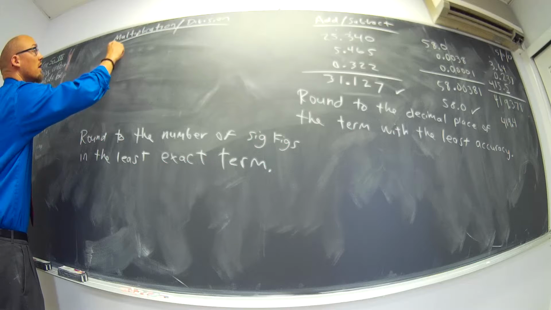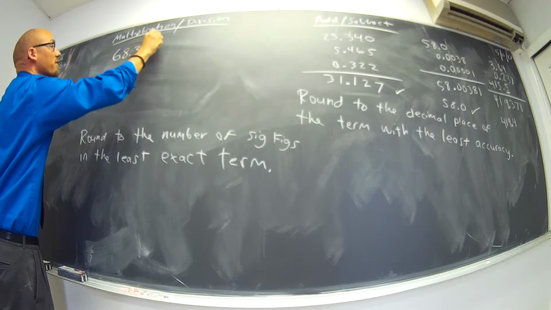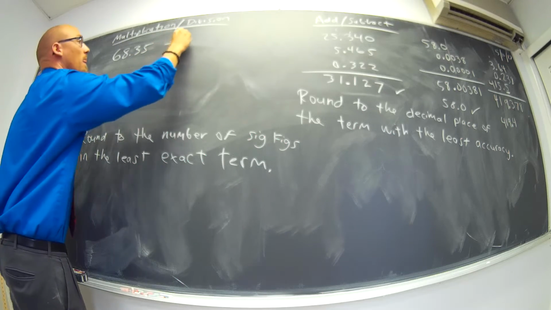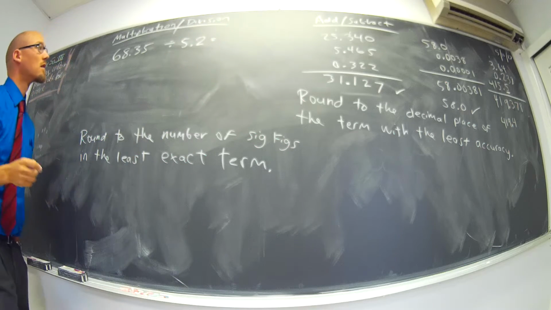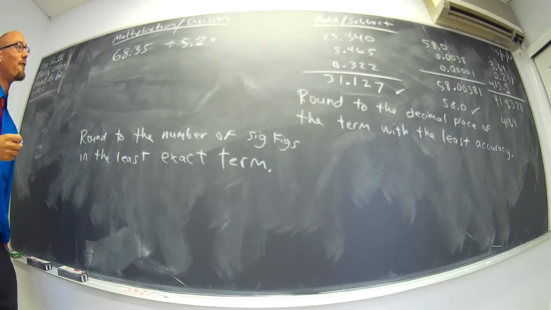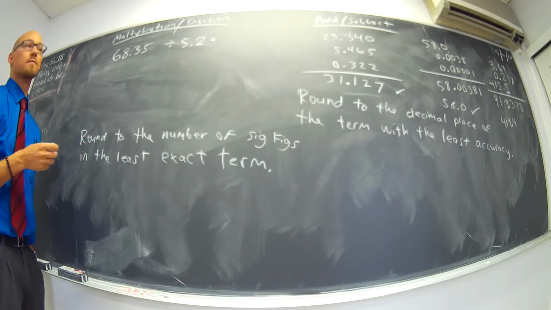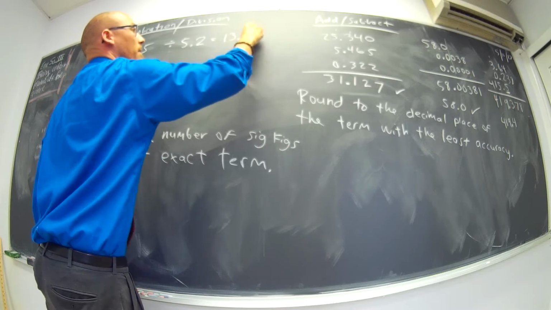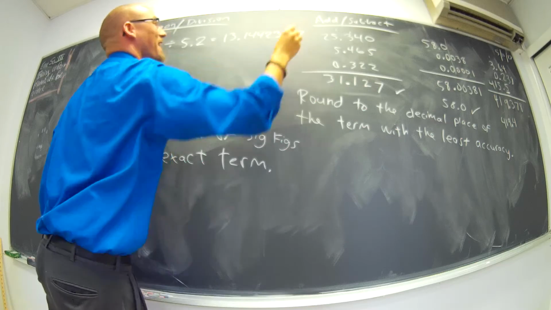So if we have 68.35 divided by 5.2, right?